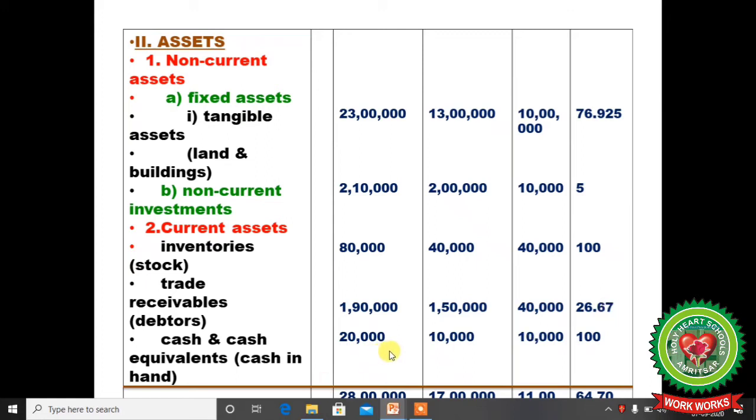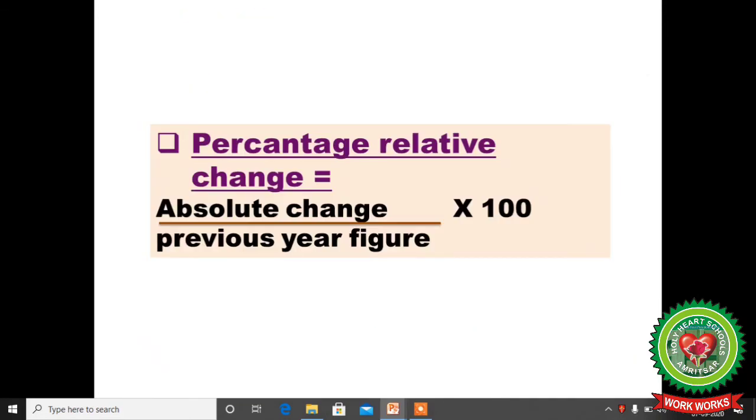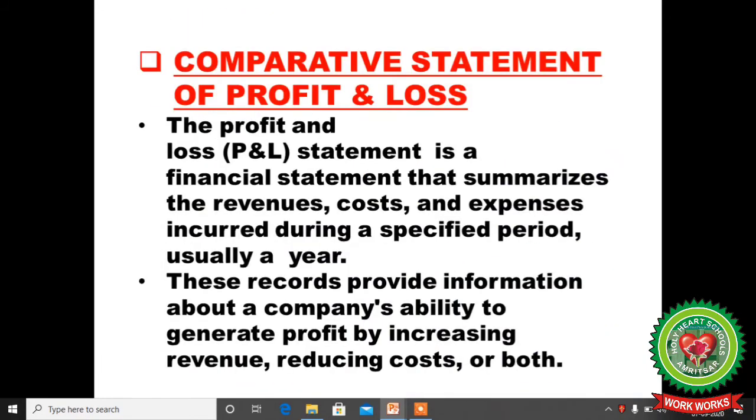And cash and cash equivalents: 20,000 minus 10,000, 10,000 absolute change, total change 100%. So in this way you calculate and maintain the comparative balance sheet. Very easy. Just apply the percentage relative change formula to find the solution.